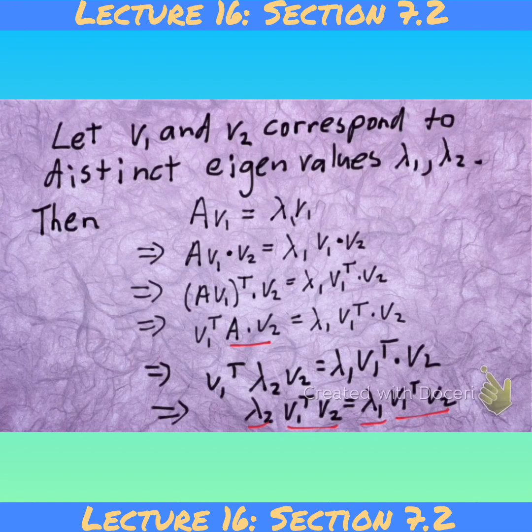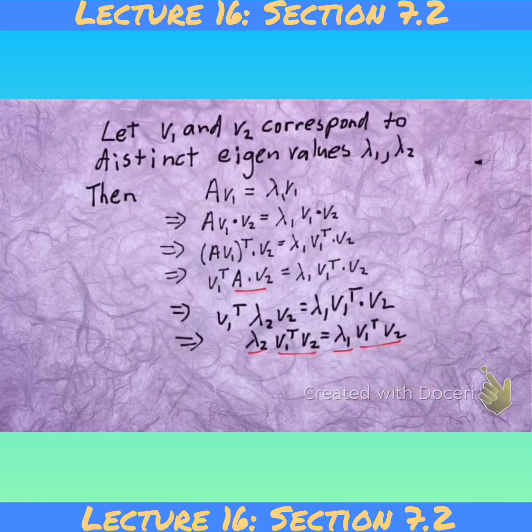The eigenvalues are distinct, and we've basically got a scalar multiple of a vector on both sides, and these scalars are different.